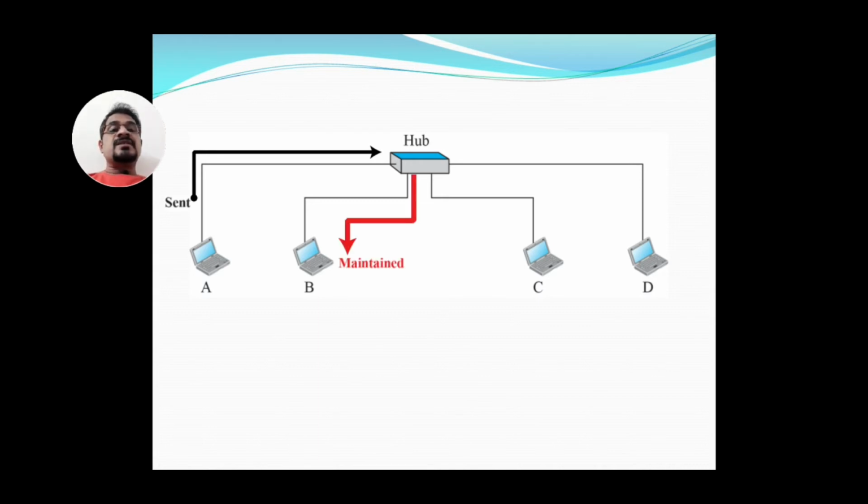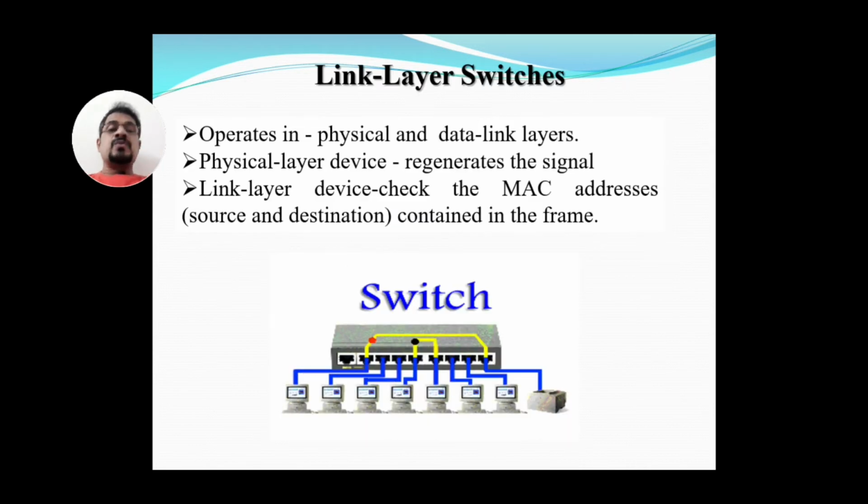B is the designated receiver, so only B is going to receive that data. All the other devices also receive the same information, but they simply discard it. Only the designated receiver keeps a copy of it. So this is what a hub does.